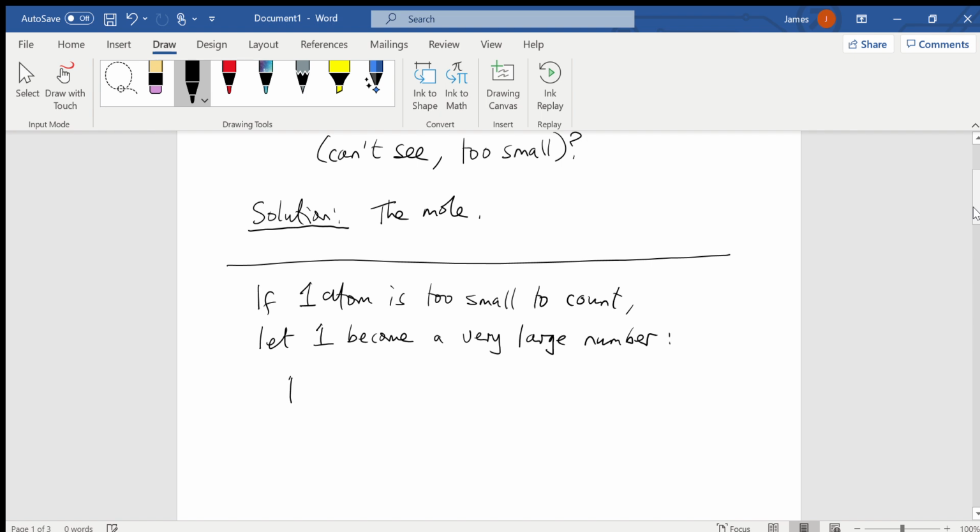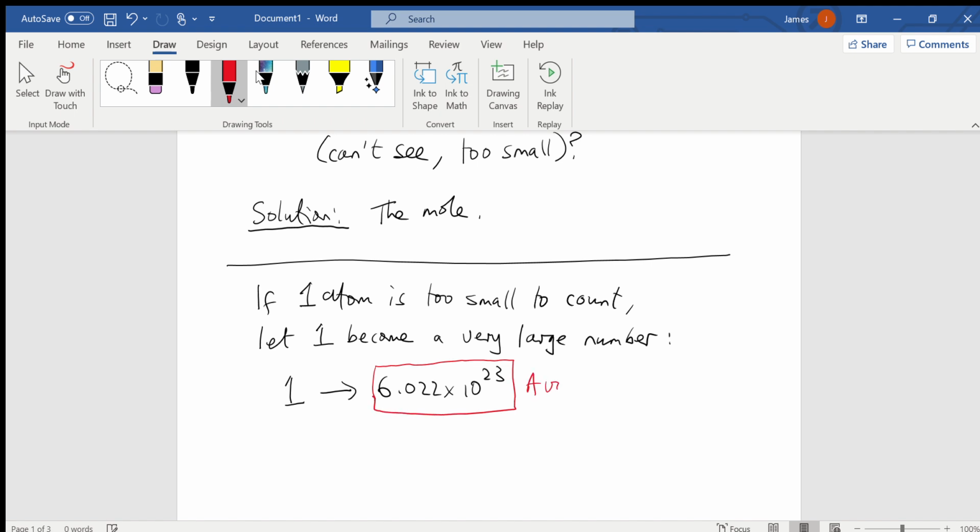So we're going to say that 1 has now become 6.022 by 10 to the 23rd power. That's our new 1. We call it Avogadro's number.